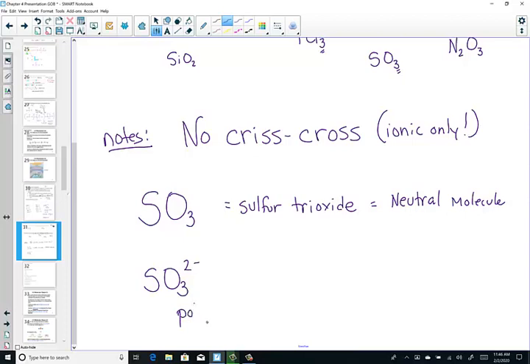This is a polyatomic ion, a group of atoms acting as a unit carrying a charge. This is not a molecule. They are not the same thing at all. SO3 2 negative, we use our polyatomic ion chart to name that. And we would see that this is called the sulfite ion.